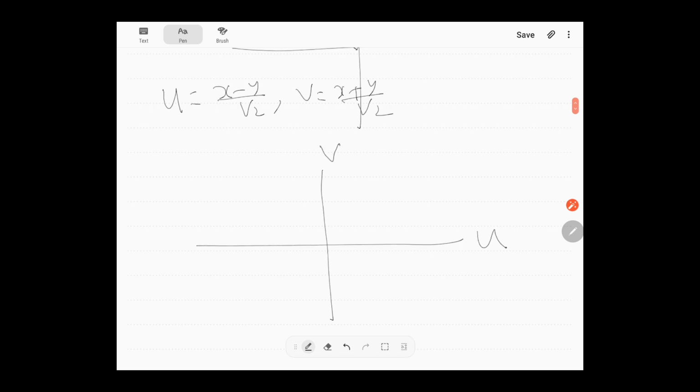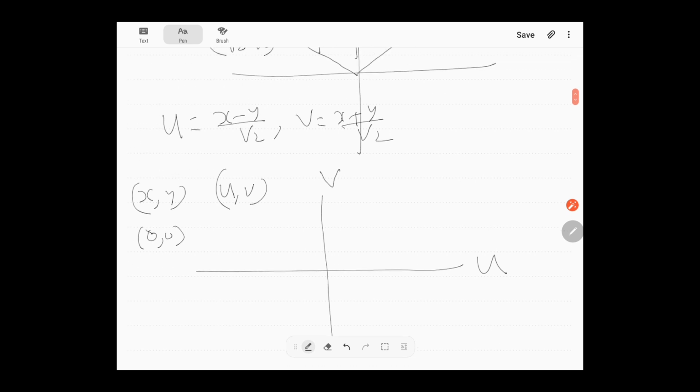This is u, this is v. Now consider the point 0, 0 in the xy plane. According to this transformation, u is equal to x minus y by root 2, v is equal to x plus y by root 2.